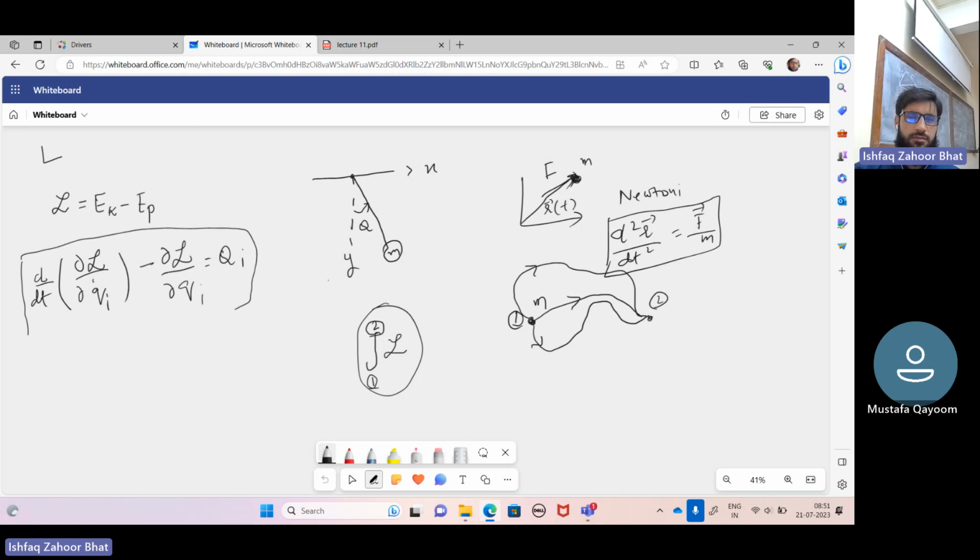This is the governing differential equation. So if you want to minimize this, it is the same as obeying this. These are equivalent to each other. So how can we get the governing differential equations for this hanging pendulum using the Lagrangian? We will do this.